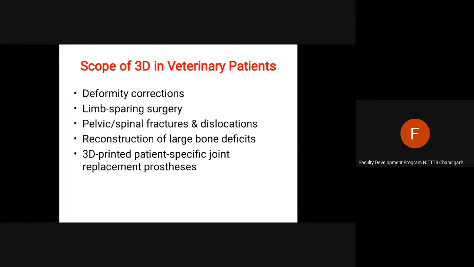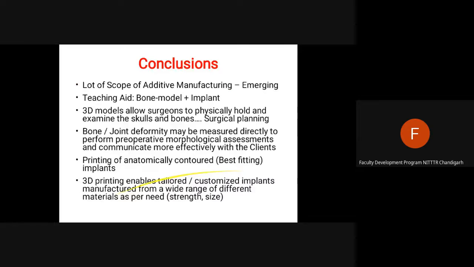Very few people can afford it, but this may be feasible if we have the standardized protocol, if we know the technique and it is easily available. Then a lot of scope is there.